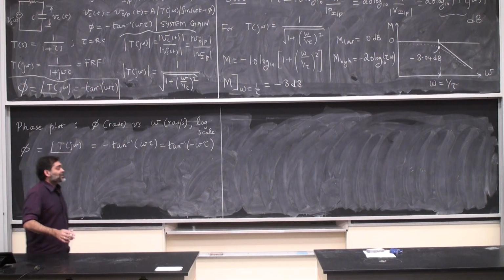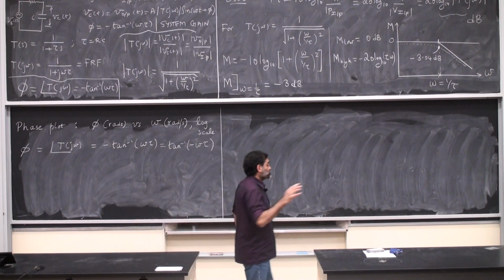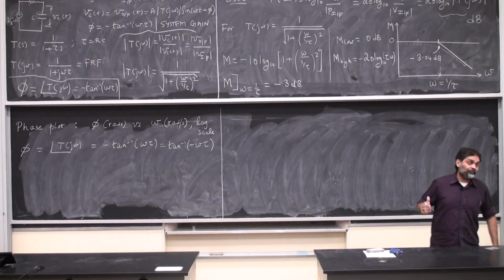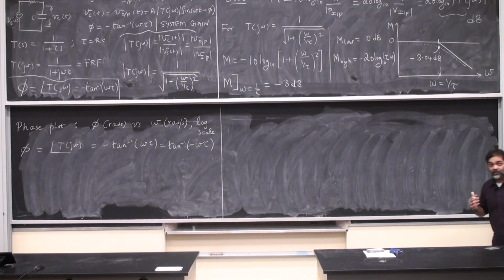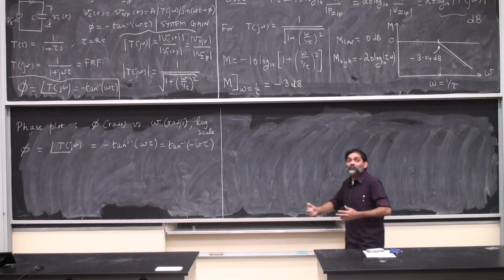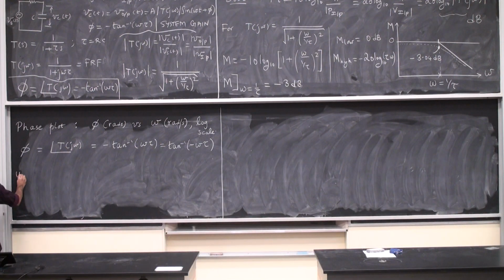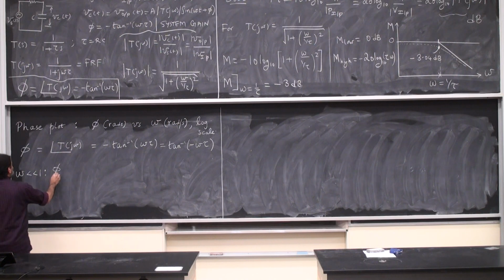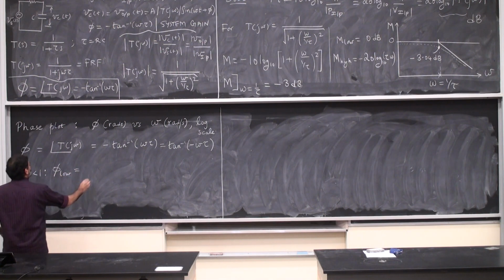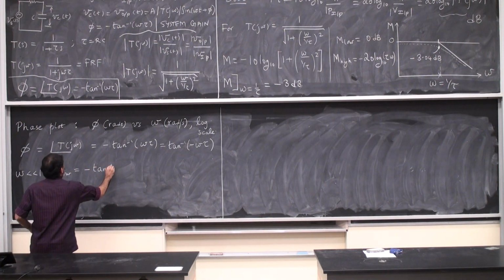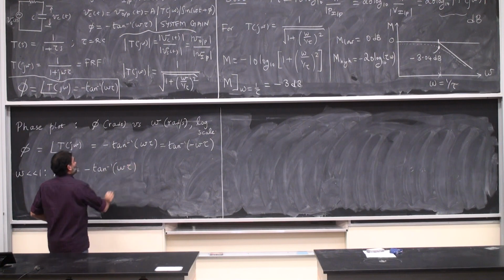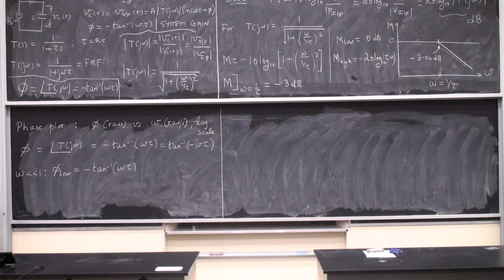We once again do the asymptotic analysis. We say, okay, what happens to the phase at very low values of omega, at very high values of omega? What happens? How do you match them together, which is an interesting situation here. So for omega much less than 1, I'm going to call it phi low, is minus tan inverse of omega tau, but omega is very, very small, right?